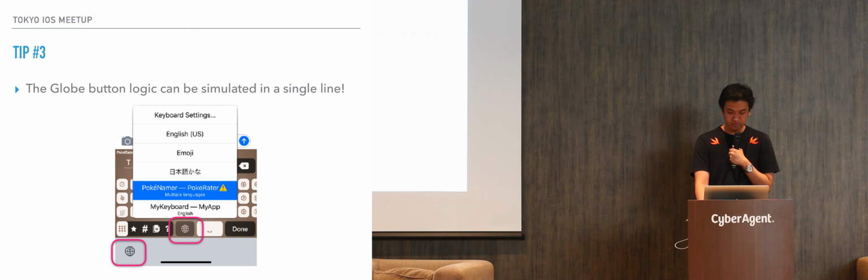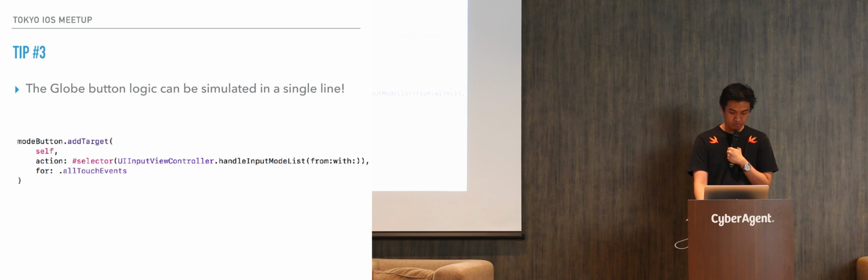On iPhone X you actually don't need that button, but on iPhone 8 and others, you need to implement that. So you just add this selector to your button and attach it to all touch events. Use the UIInputViewController handleInputModeList selector. I'll show this to you later on.